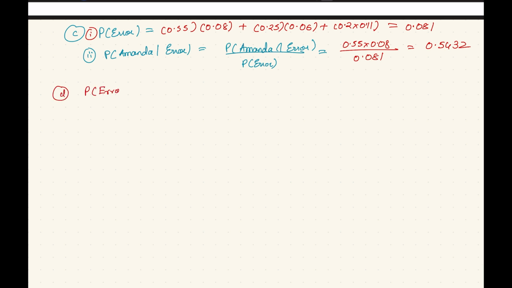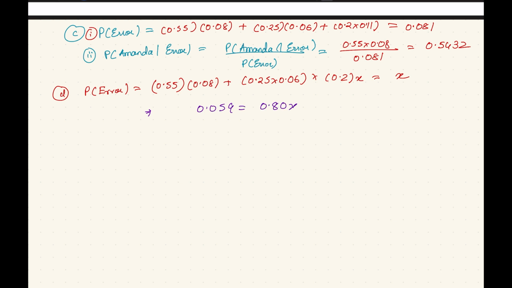So P of error, everything remains the same, just that for Carmen it changes, times x. This will be equal to x. So if I add up everything and shift 0.2x to the other side, I get 0.059 equals 0.80x.